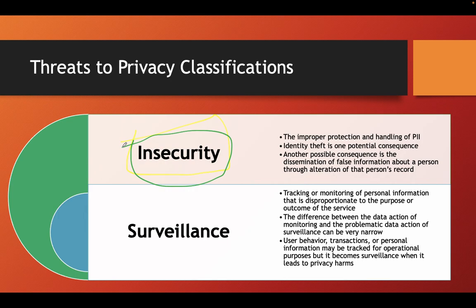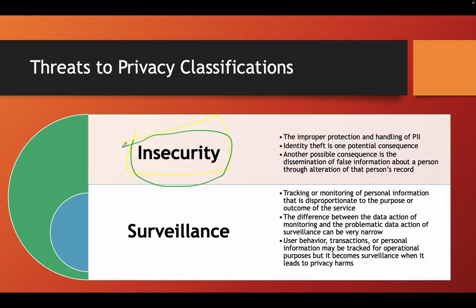Insecurity is the improper protection and handling of personally identifiable information. You're not protecting it well, and then it gets into the hands of the wrong people. Identity theft is also one potential consequence, like when you steal intellectual property or you steal someone's identity. These are all insecurity in information.